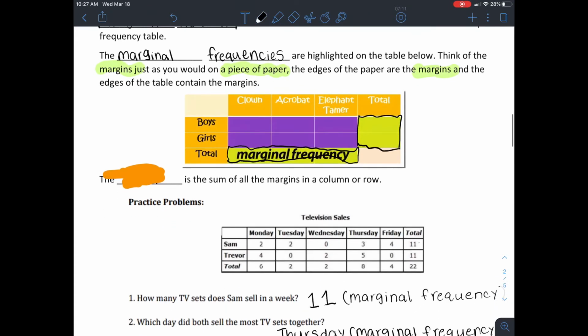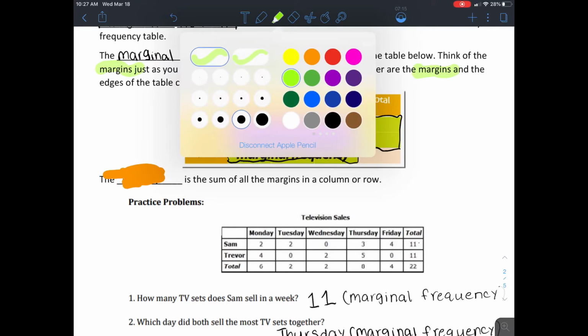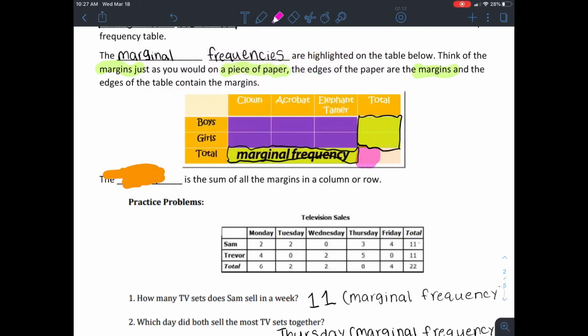Now you might be wondering, what is this box called, Mr. Meyer? This bottom right box. If it's not one of the marginals, what is it? Well, that's actually your grand total box, right? So it's the sum of all the margins in a row or column. So you get this number, like we talked about earlier, by adding this number and this number, or by adding this plus this plus this.